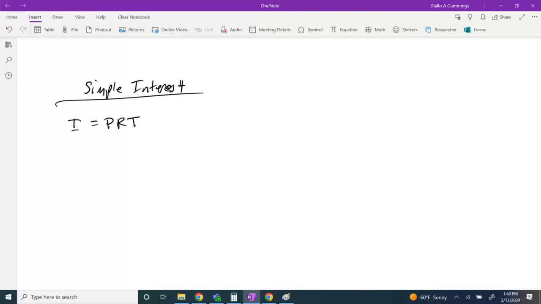It does not give you the amount in the account at time T. So to put some meaning behind these letters, I is equal to the interest earned. P is for the principal.